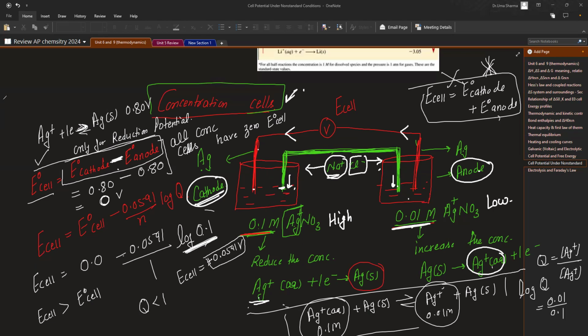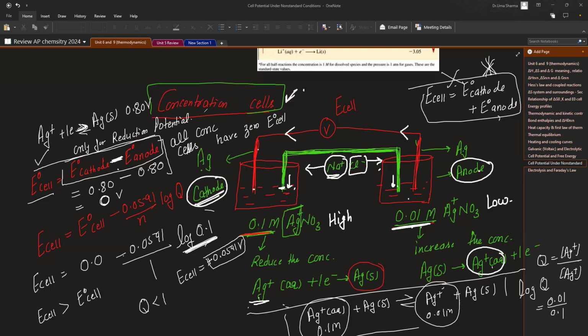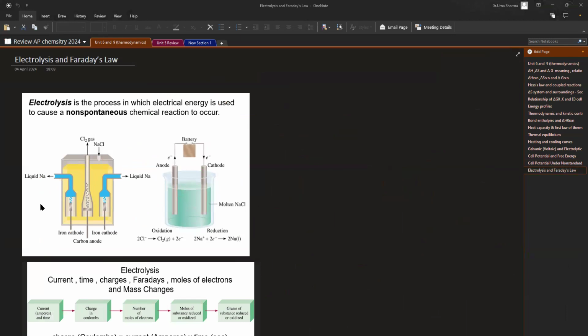Okay, I'm going to erase this now. We are coming to the last topic of this unit. Shall I erase it? I'm going to erase it. Now this is the last topic: electrolysis and Faraday's law. Again, very important and very simple.